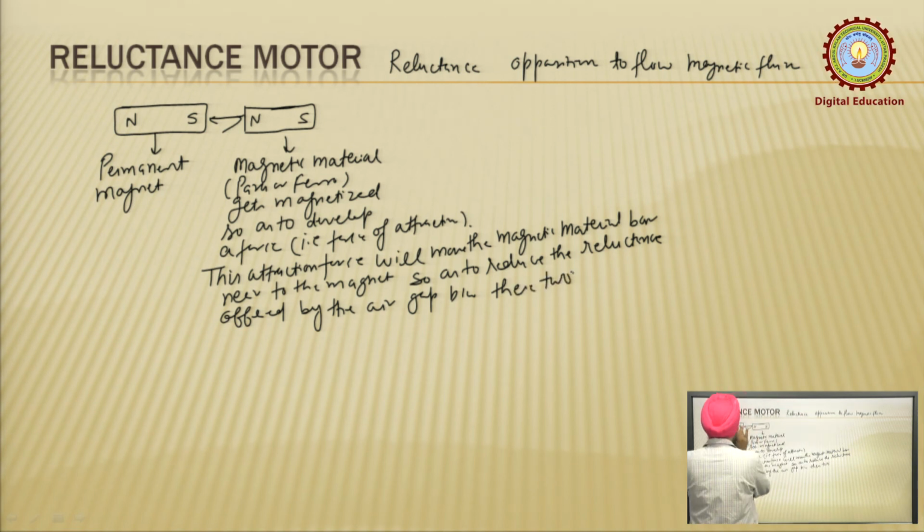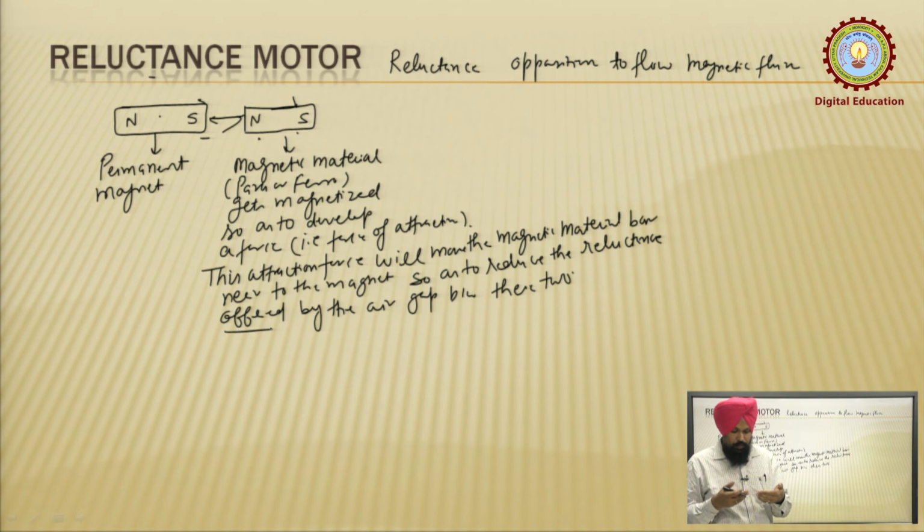Due to this permanent magnet, this magnetic material bar gets magnetized in such a way that there is a force of attraction between these two. That force tends to move this magnet, or this bar, according to the weight of these two. They will occupy the minimum reluctance position, so as to reduce the air gap.